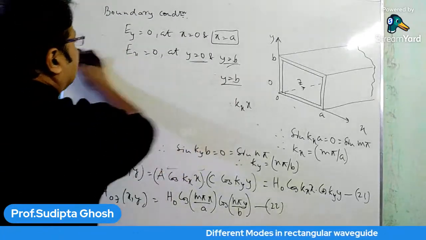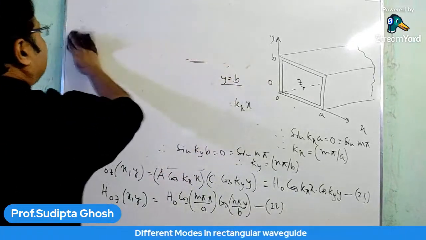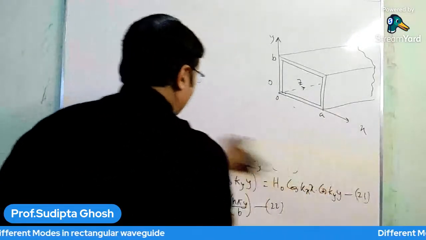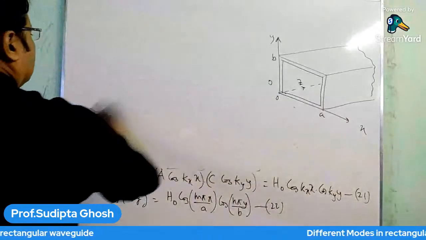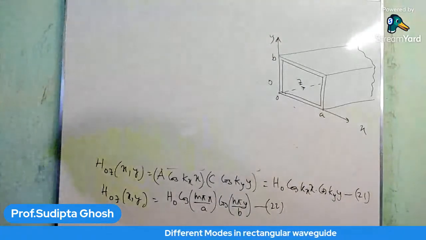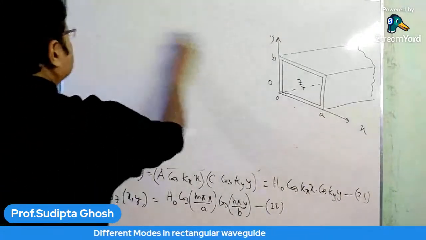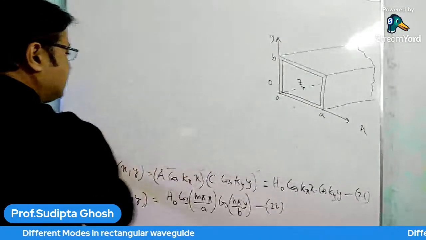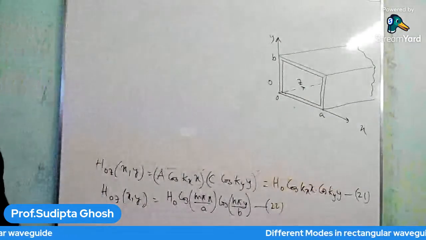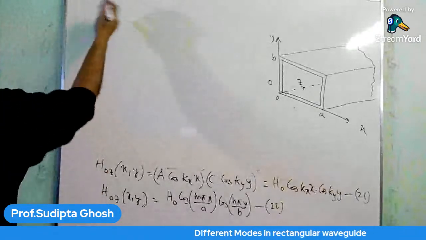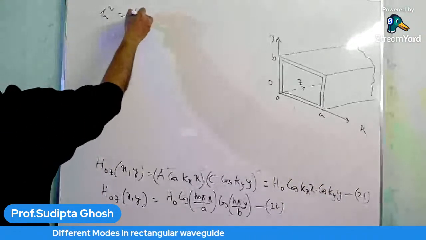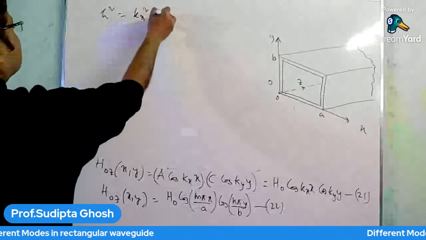When we solved the equation, we took a constant h square. You can remember that h square is written as kx square plus ky square.